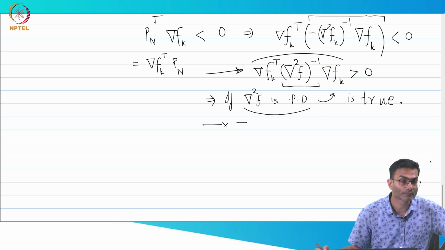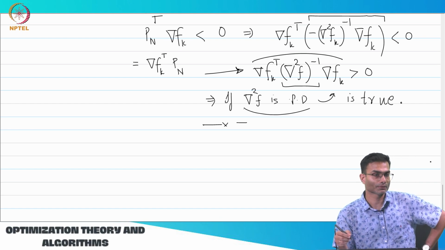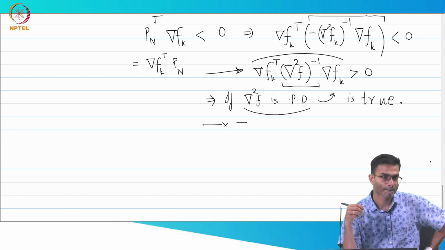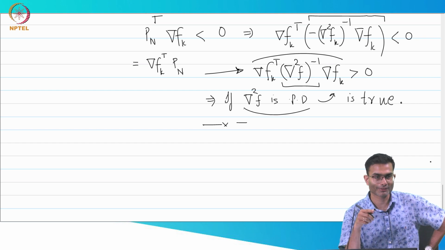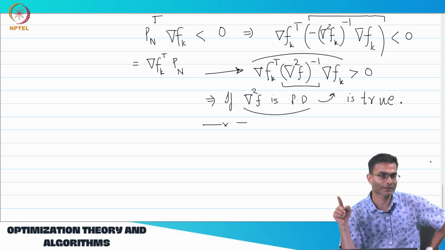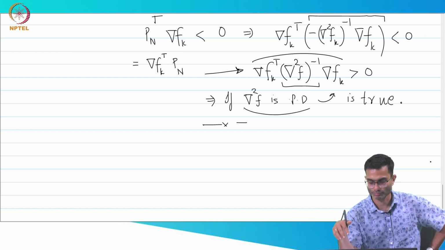Even if you take this, this is the second derivative test, no? You want to state your question again? I think you're thinking of the second order conditions for the point being an extremum, where the sufficient condition was that the Hessian should be positive definite. Right, they are related.